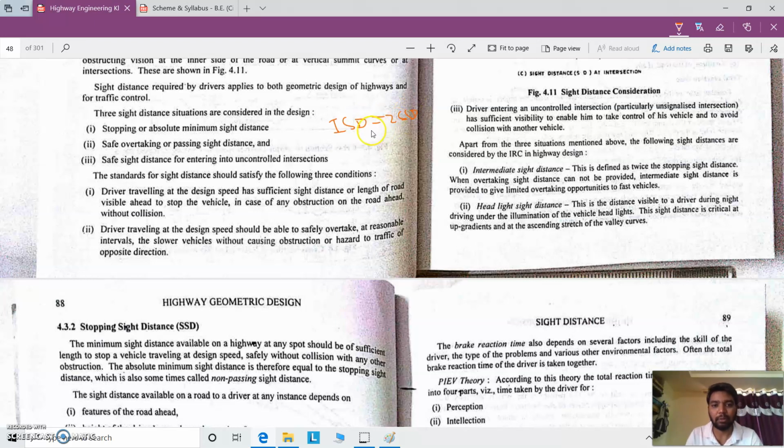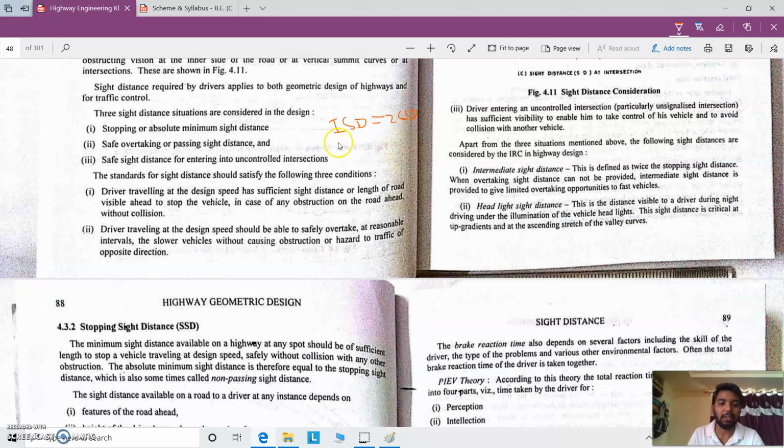This is the definition. The intermediate sight distance is twice the stopping sight distance, provided when overtaking sight distance cannot be provided on the highway. So intermediate sight distance is provided in place of overtaking sight distance, to limit the overtaking opportunity for fast moving vehicles.